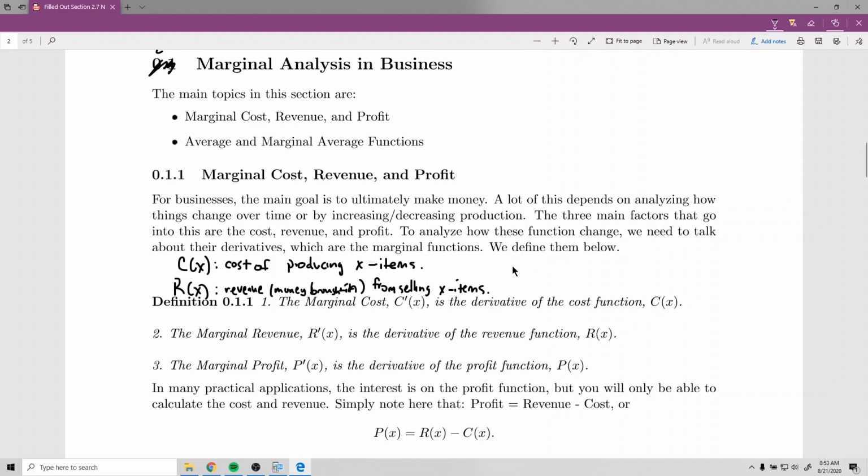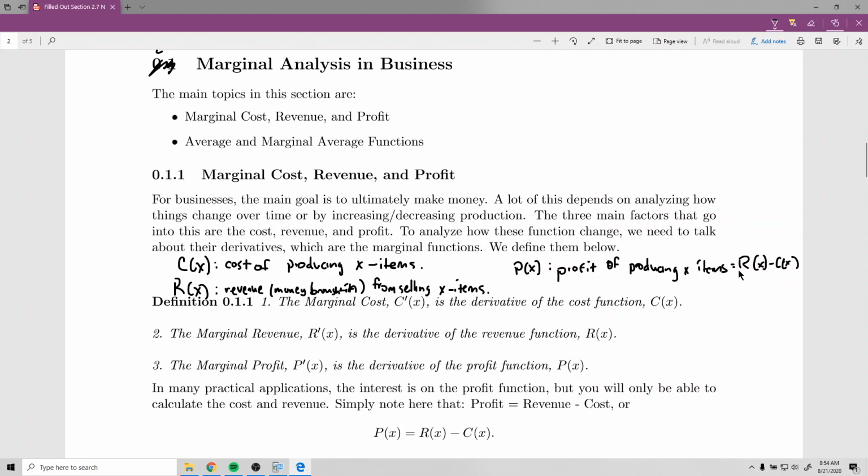Right, and then the profit, P of X, is how much money you make, how much you actually get to put in your pocket, of producing X items, I should specify. And the way you figure out profit, usually you're not going to be given it, is that profit is revenue minus cost.